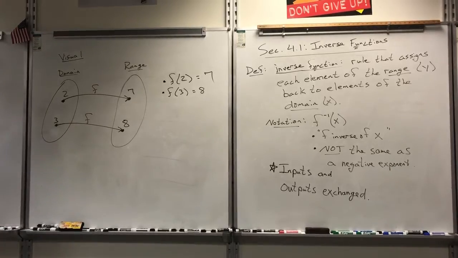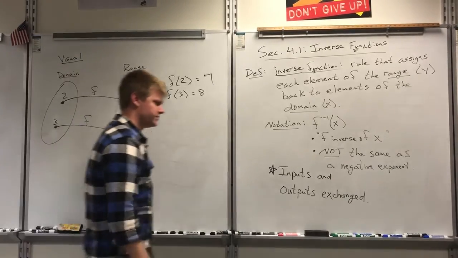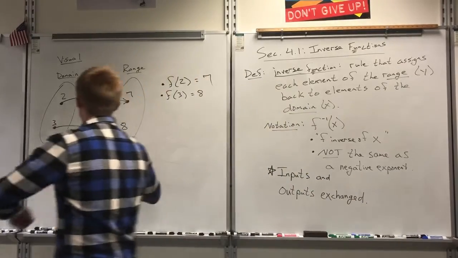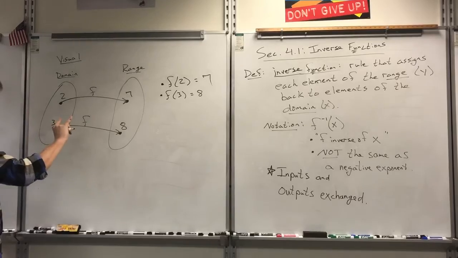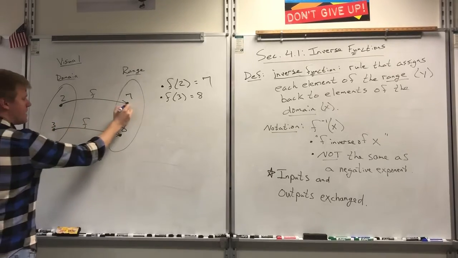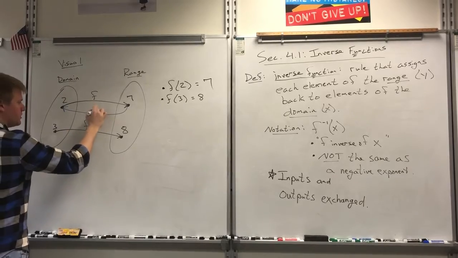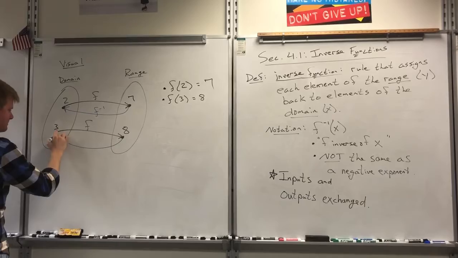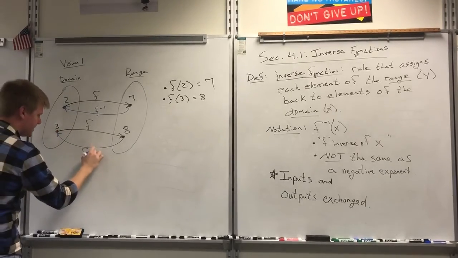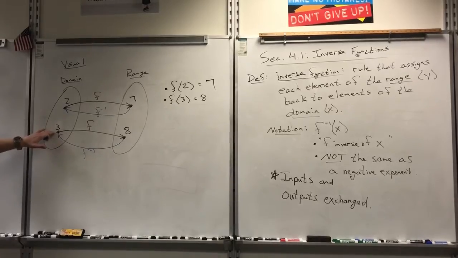Now, if I do the opposite, I'm going to color code the inverse a little bit. We'll use blue. The inverse of this function simply flips the order of the inputs and the outputs. So if I start at 7 and go to 2, let's call this f inverse. Start at 8, mapped to 3. This takes the original outputs and matches them to their original inputs.